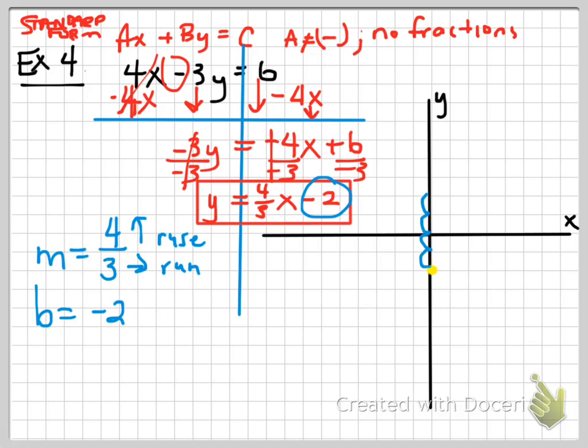And then our run of 3. 1, 2, 3. Okay. Put a point right there. And those are pretty good far apart, so we'll go ahead and graph the line right through those 2 points. We'll call that good. Okay. All right, so there is our graph of this equation.